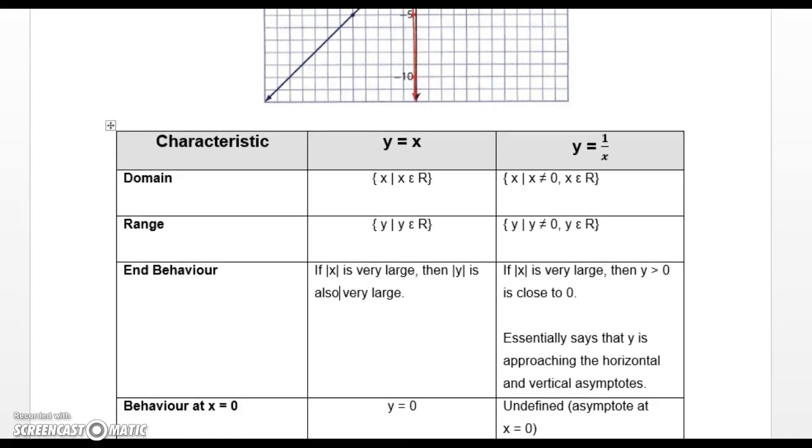So if we're looking at the domain and range of our original function and the reciprocal function, we would notice that for y is equal to x, your x values can basically be anything. So there's no restrictions on your x values, but with your reciprocal function, here we have that x cannot equal 0, but it can be anything else.